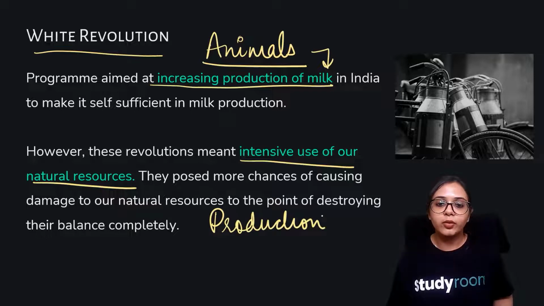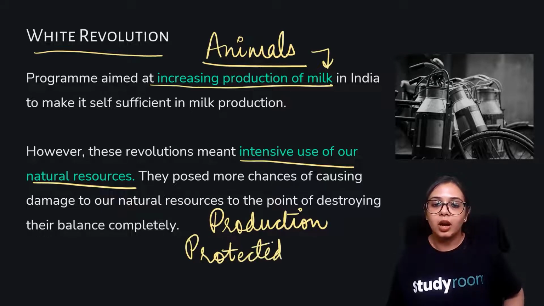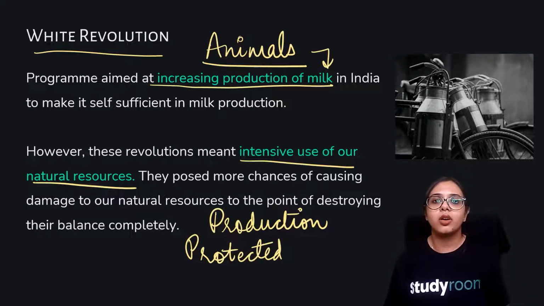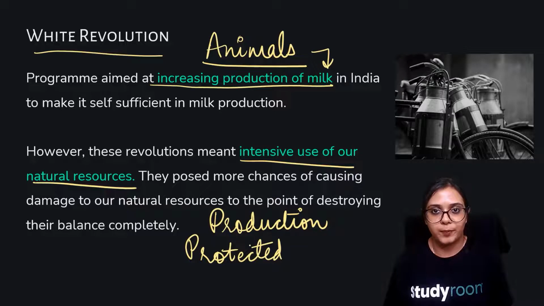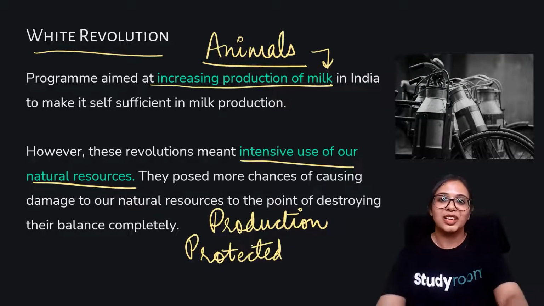And the food is also being protected. How is it being protected? From the harmful viruses, bacteria, or other small organisms like rats and insects that are attacking and damaging the crops and making it impossible for us to access them. So these are the points that we will be discussing in this chapter.